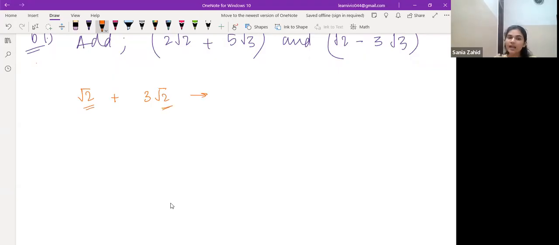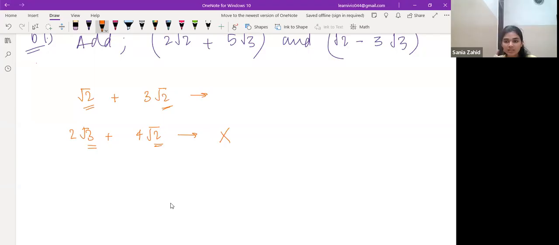That is why I can add them. Can I add 2 root 3 plus 4 root 2? No, they cannot be added, because they have different root numbers. But these numbers I can add.